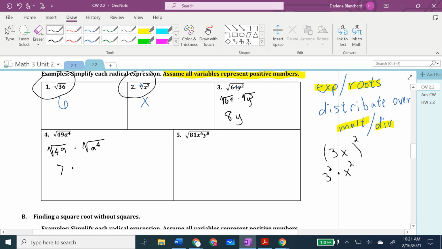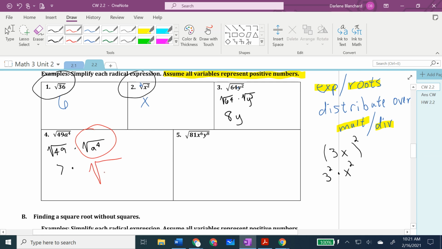And then there are a couple of different ways of seeing that the square root of a to the 4th is a squared. It just depends on your perspective. Here's one perspective that you might see.